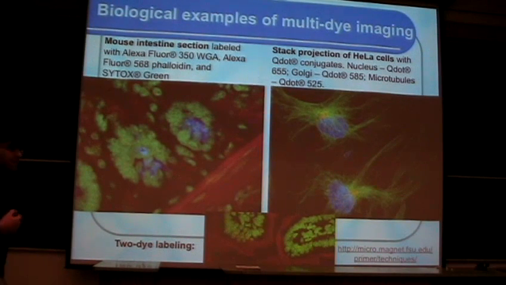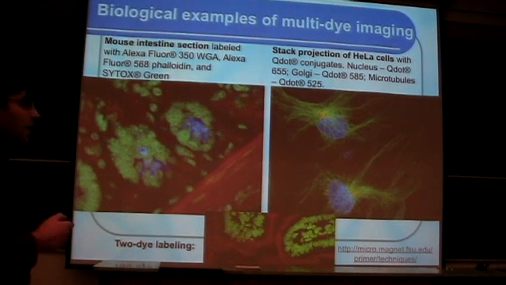And of course it takes time because, first of all, the scanning is relatively slow. It's usually done using galvo mirrors.